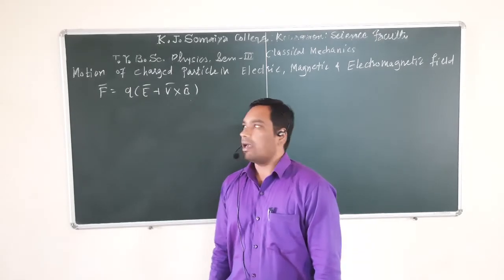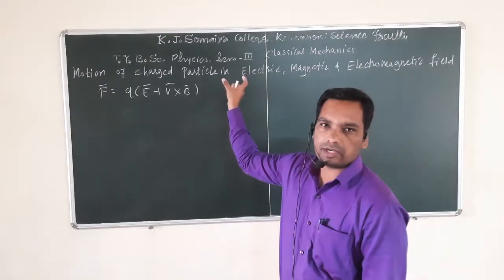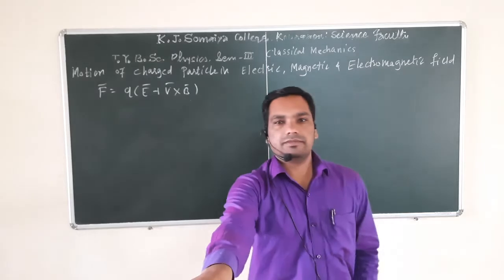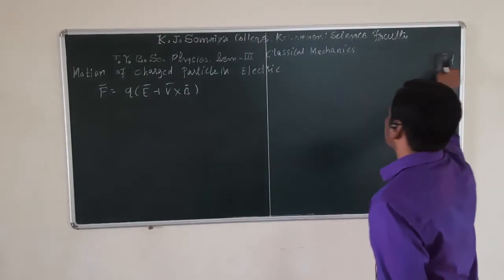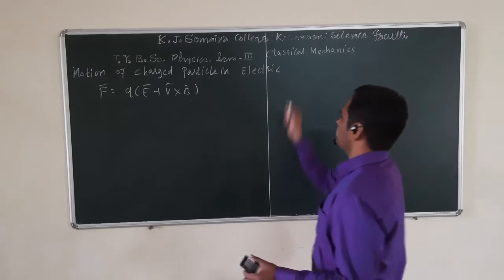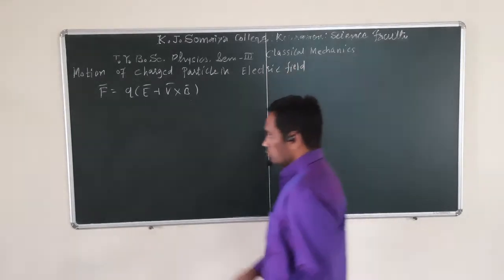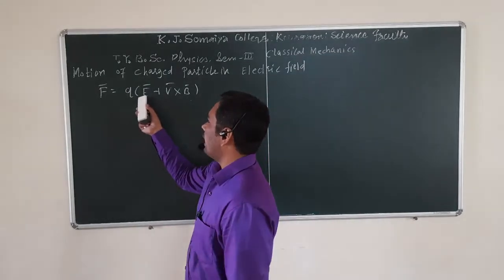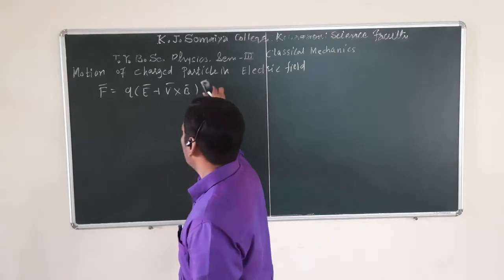So today we are going to study motion of charged particle in electric field. In our next lectures we will study magnetic and electromagnetic fields. So first of all, motion of charged particle in electric field. Here in this equation, if we have only electric field, then we know that vector B is equal to 0.